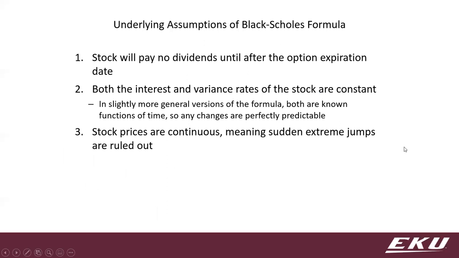Okay. Some of the restrictions that we put on here: the stock pays no dividends, because dividends make that formula a little more complicated, since we have to account for the dividends being received and then paid out. And interest and variance rates are constant. We know that that's not necessarily true, but it has to do with the fact that we're drawing from this normal distribution.